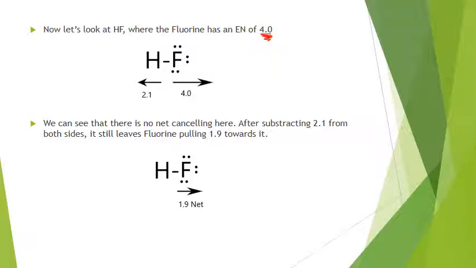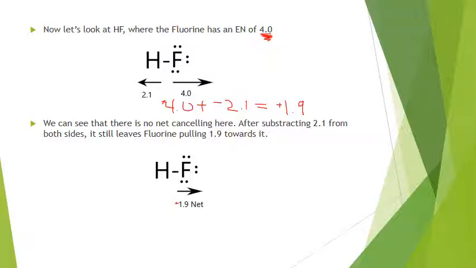Again, this is a linear molecule, so it's like a tug of war, and in this case the tug of war is basically won by the fluorine. When you add these vectors, it's going to be 4.0 plus negative 2.1 going to the left, so it's going to have a net of 1.9 to the right.